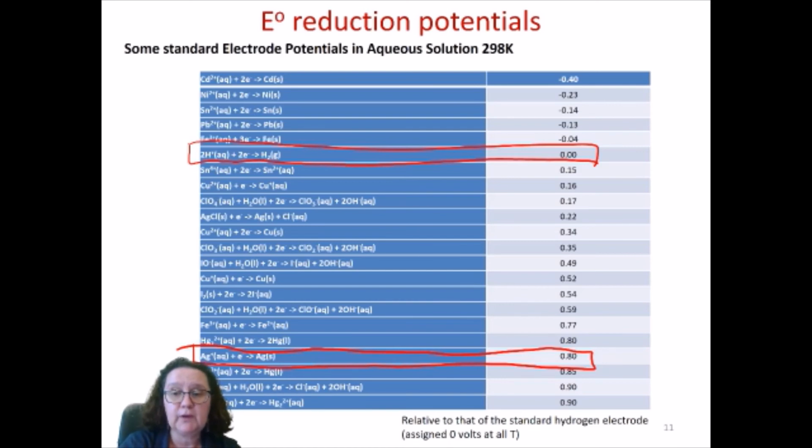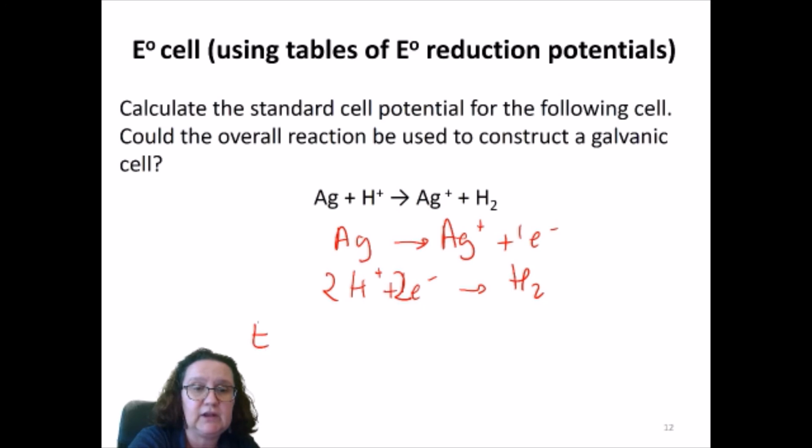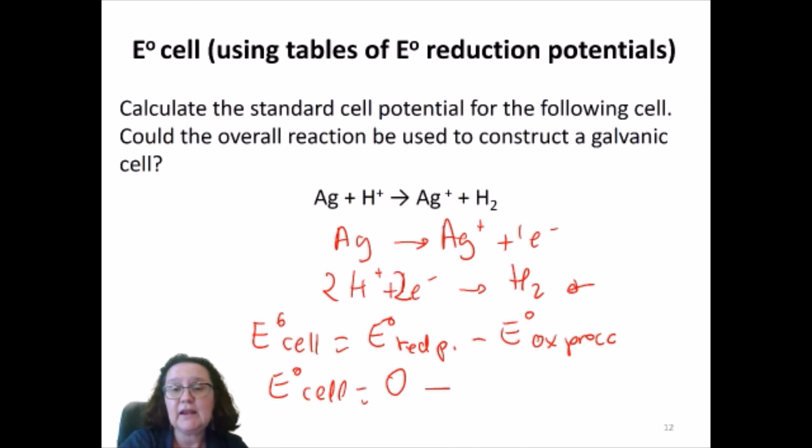So if I go back to my slide and I remember that the electrode potential of the cell is the electrode potential of the reduction process minus the electrode potential of the oxidation process. So the electrode potential of the reduction process would be 0 because this is the reduction process. And the electrode potential of the oxidation process, this one here, is 0.80.